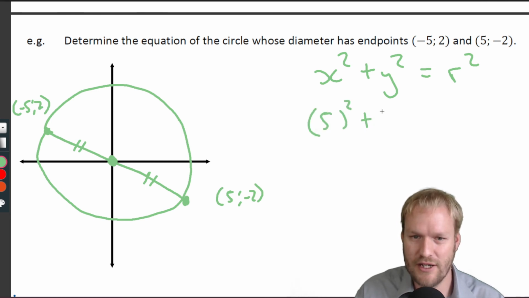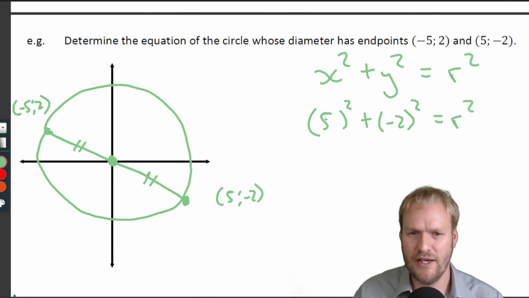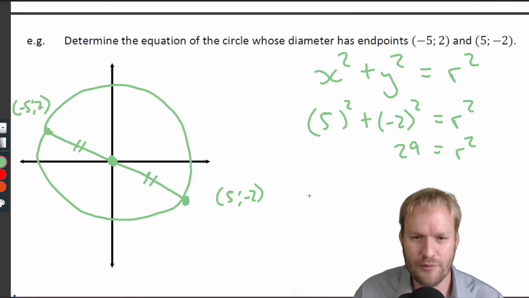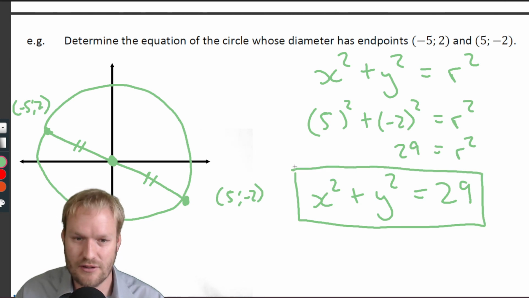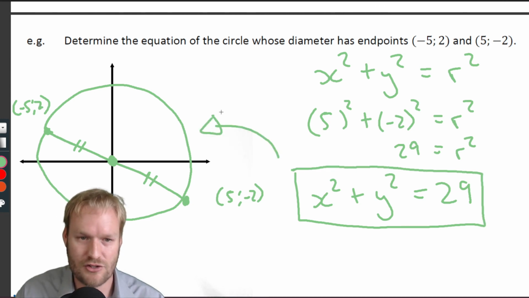So 5 squared plus minus 2 squared equals r squared. 25 plus 4, 29. So 29 equals r squared. So the radius is square root 29, but our general formula is x squared plus y squared equals r squared, so x squared plus y squared equals 29. So there's our final answer. That's what the equation of that circle is.